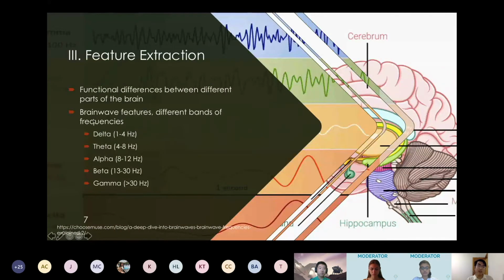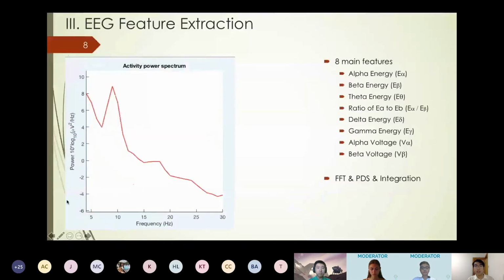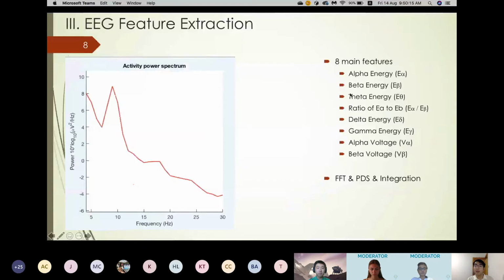So the next step is extracting EEG features. As we know, there are different brainwave features, mainly originating from the different frequency bands. There are delta, theta, alpha, beta, and gamma, and the corresponding band frequencies are shown here. So how do we extract these features? Firstly, let me introduce the main features I'm extracting.